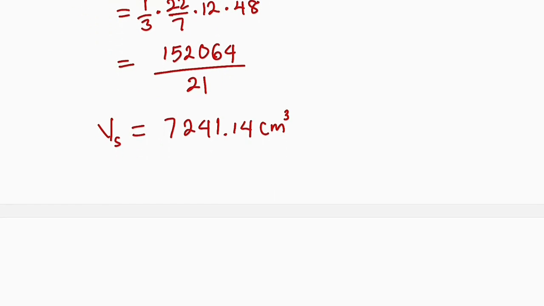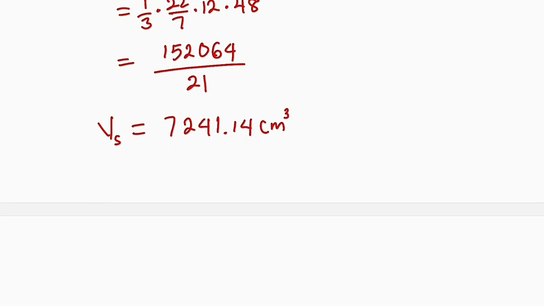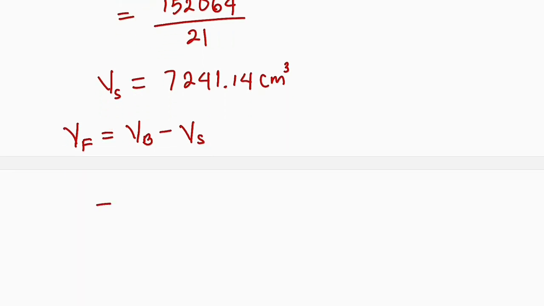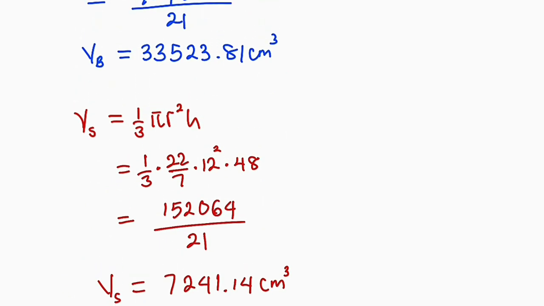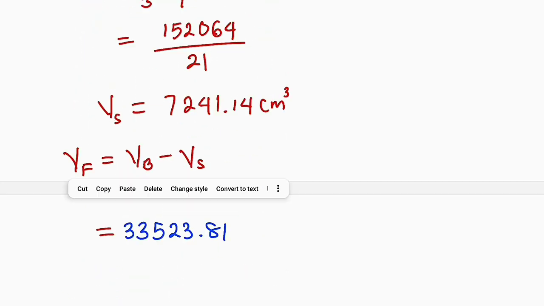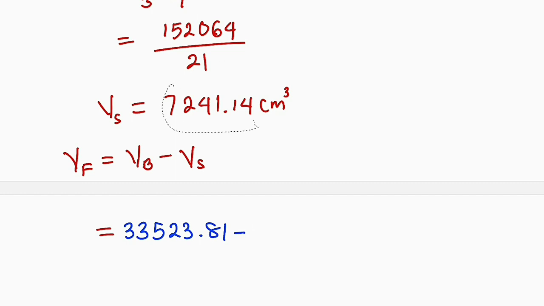So to find the volume of the frustum, which is the bucket, the volume of the frustum is equal to the volume of the bigger cone minus the volume of the smaller cone. Let me just copy the volume of the bigger cone, minus the volume of the smaller cone, which we have here.